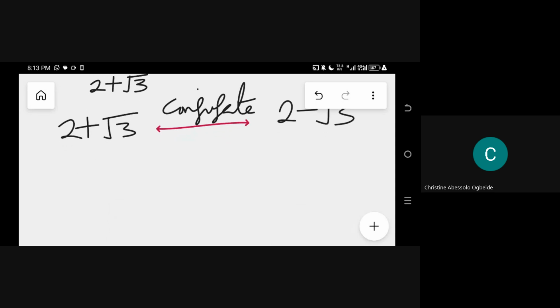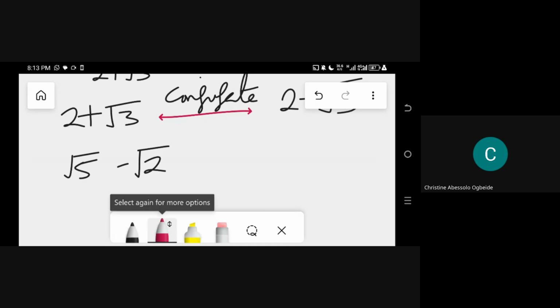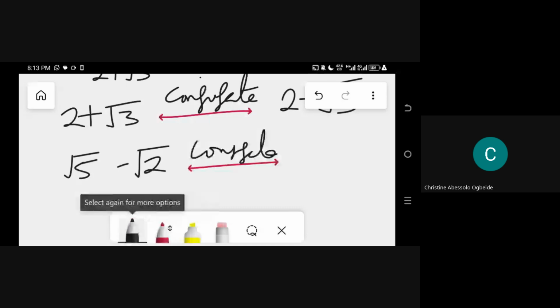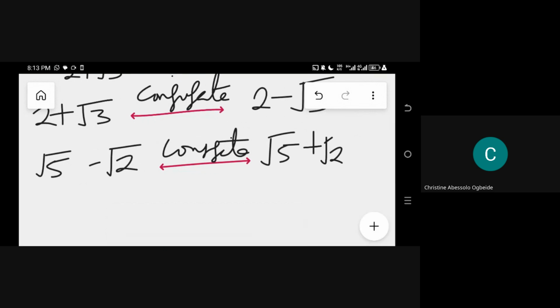Look at another one. Let's say we have root 5 minus root 2. The conjugate will be root 5 plus root 2. This is the conjugate.